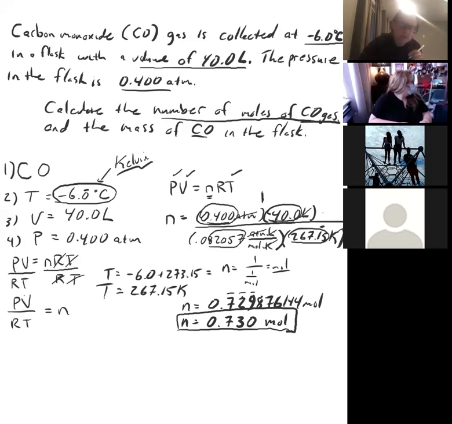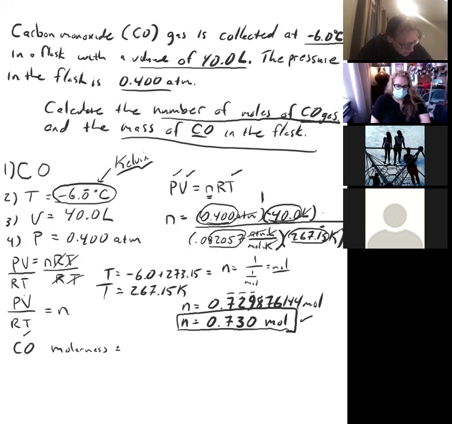And then the next issue is that how do we find the mass? We also want to find the mass of CO in the flask. Well, it's carbon monoxide. If we know the number of moles and we know the chemical formula, we can figure out the number of grams quite easily. We calculate the molar mass.